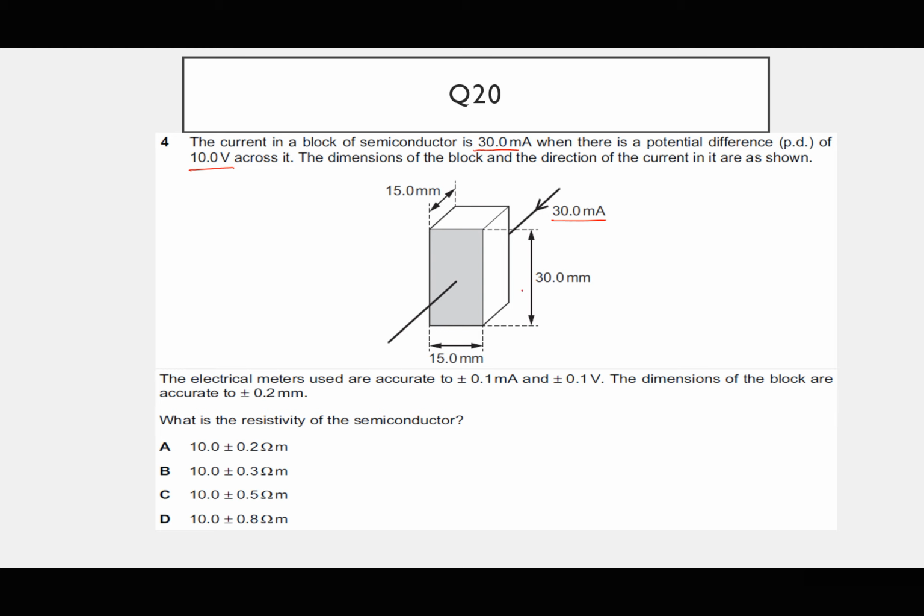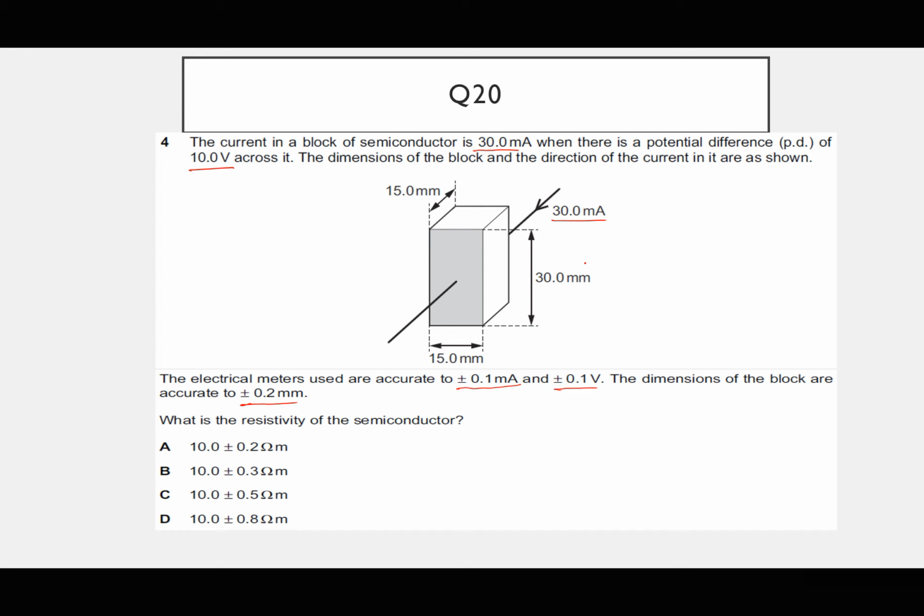The electrical meters used are accurate to plus or minus 0.1 and 0.1 volts. So this is for the ammeter, the other one is for the voltmeter. The dimensions of the block are accurate too. So these values have these uncertainties. What is the resistivity of the semiconductor?